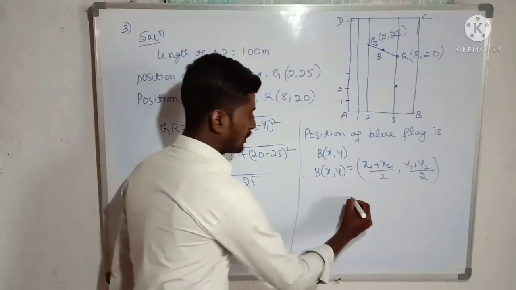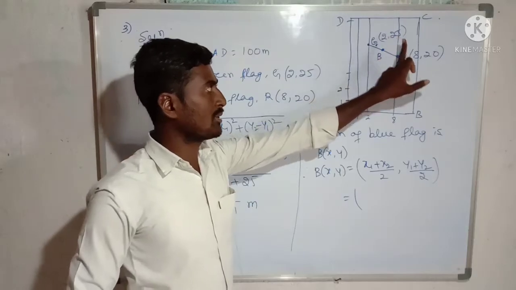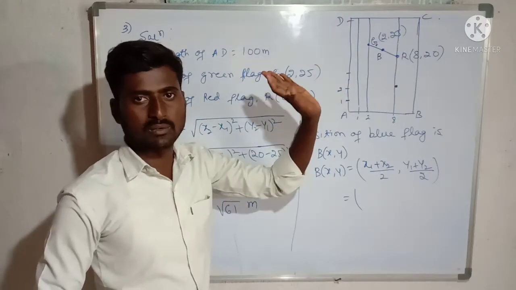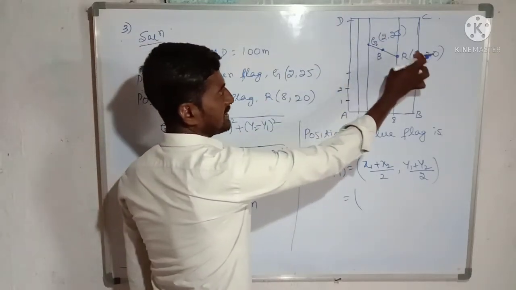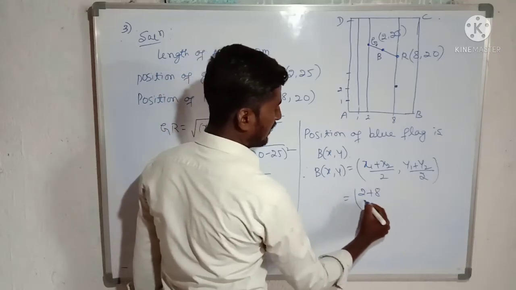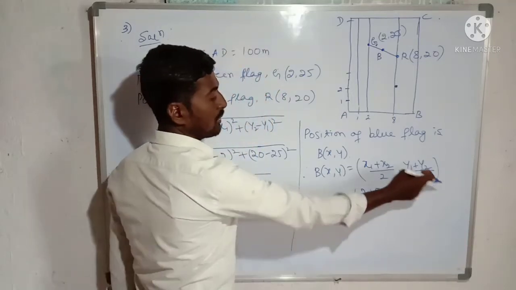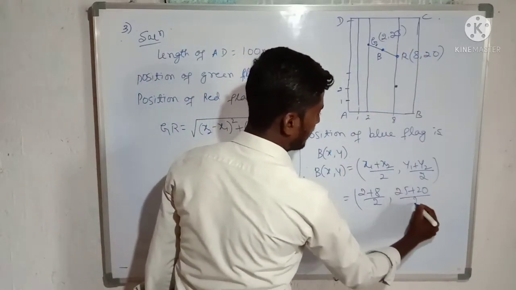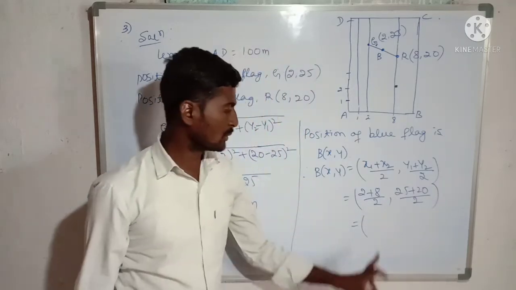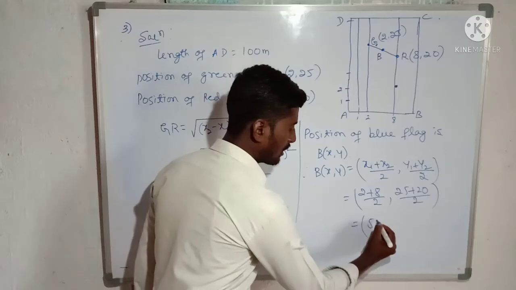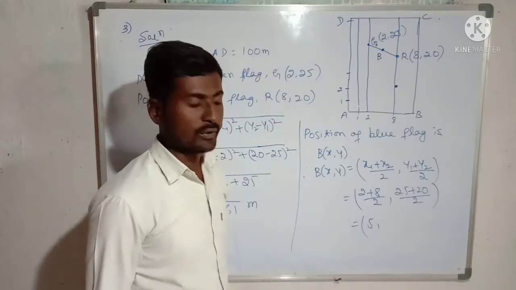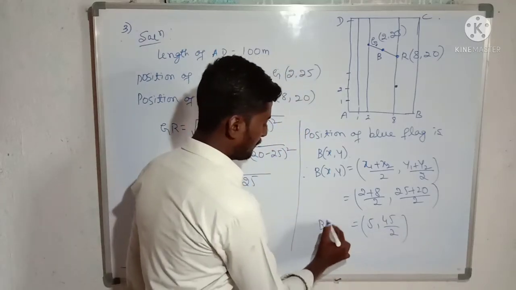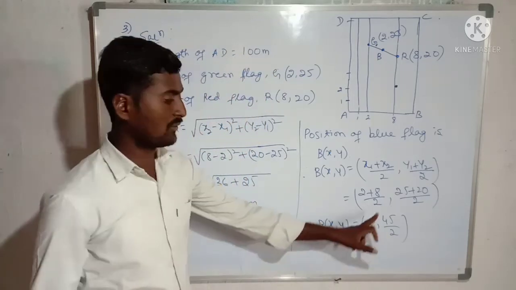Otherwise you can write x2 plus x1 by 2 comma y2 plus y1 by 2, same only. For this midpoint formula you can take any one as x1 y1, any one as x2 y2. Now 2 plus 8 divided by 2 comma 25 plus 20 divided by 2. So 2 plus 8 is 10, 10 by 2 is 5, comma 25 plus 20 is 45, 45 divided by 2. So B(x, y) is 5 comma 45 by 2.